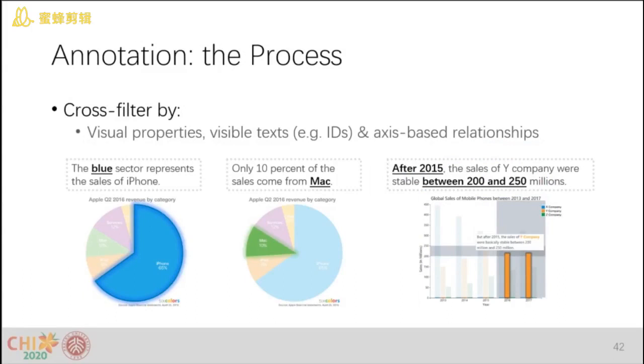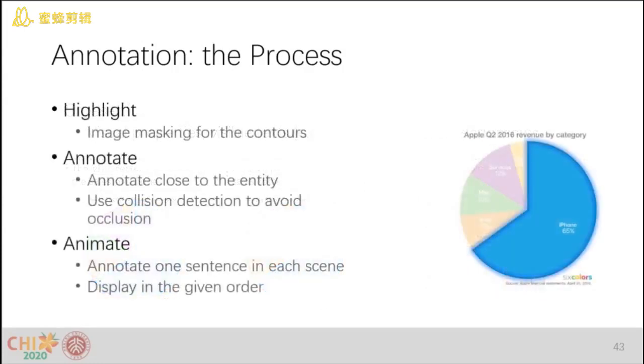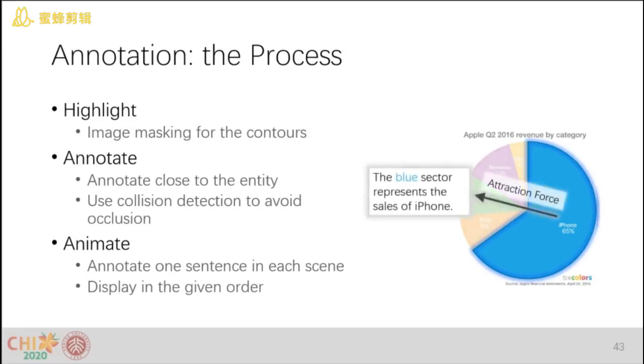The matching is done by cross-filtering visual entities using NLP-generated conditions. Given the contours, we highlight entities using image masking. The whole sentence is displayed near its target as the annotation. Different sentences are shown in the original order.